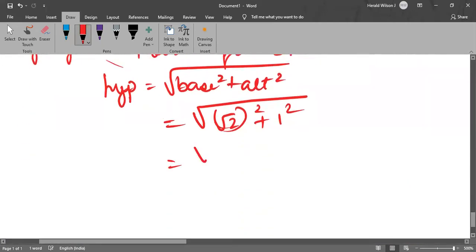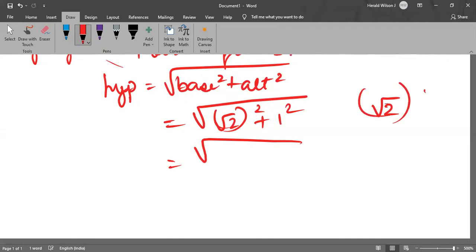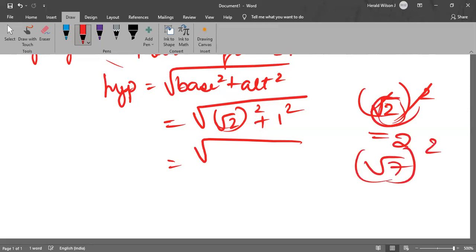So this will be root of, always remember, if there is a root number, any root number which is squared, the root and the square will be cancelled. So you will get nothing but the inside number. Root 7 squared also, this will be cancelled, you will get 7.